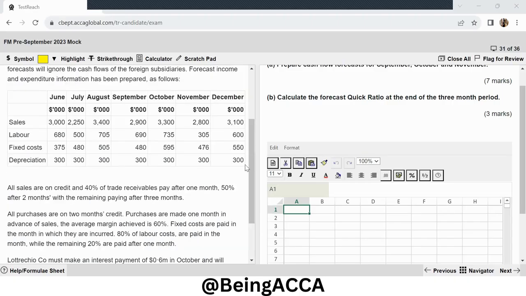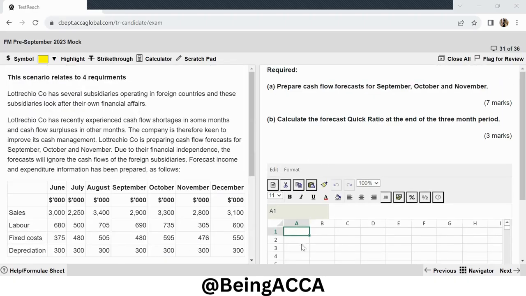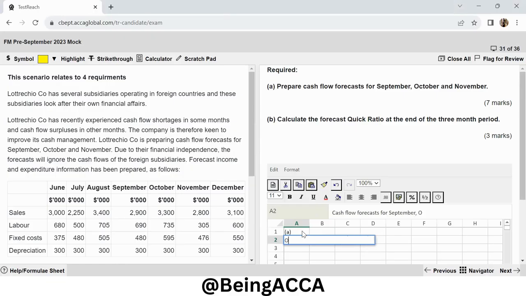So let me format my answer over here. First of all, I am writing the answer for part A, and this is the cash flow forecast for September, October, and November.